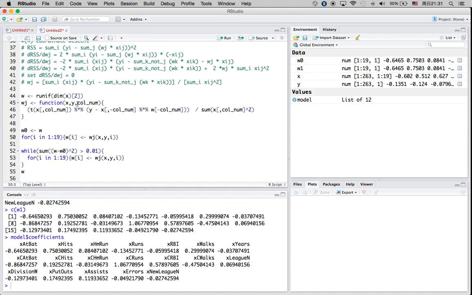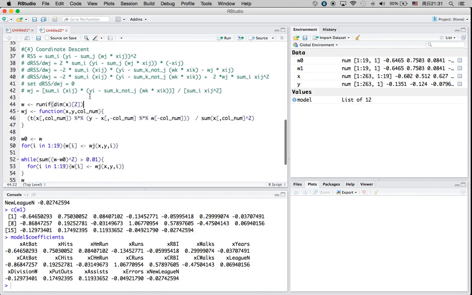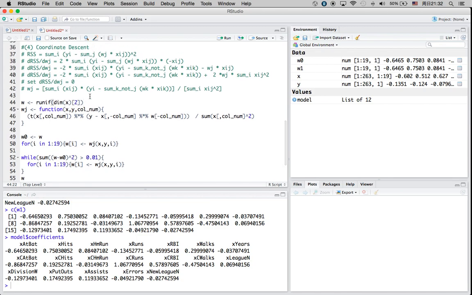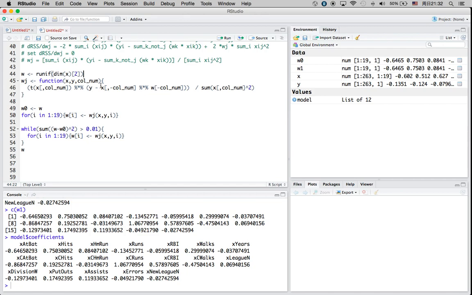You can also refer to my previous video on coordinate descent and golden ratio selection, where I did coordinate descent on two variables instead of 19 variables as in this video.